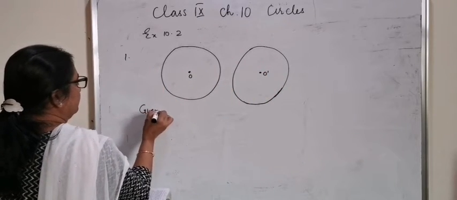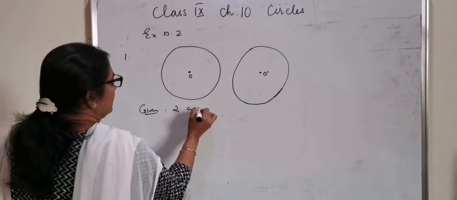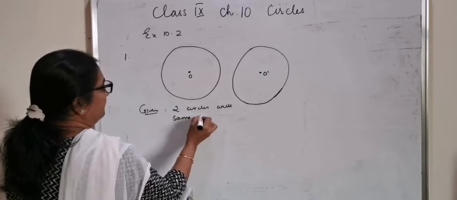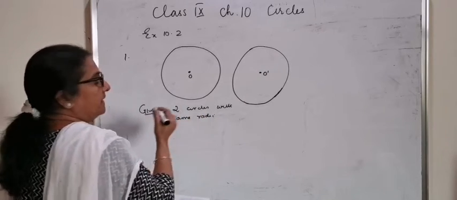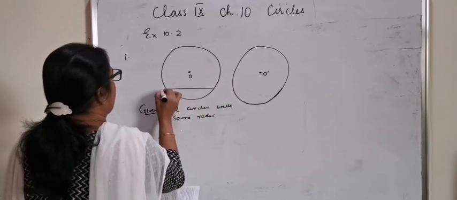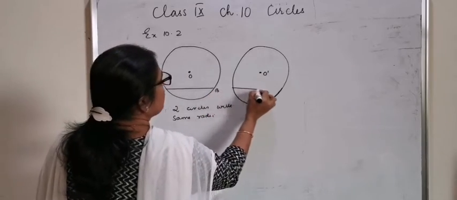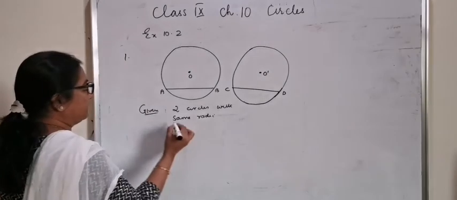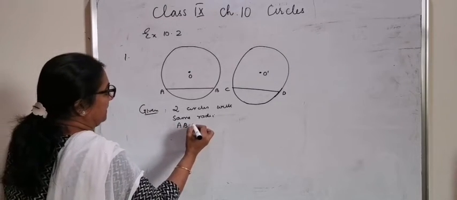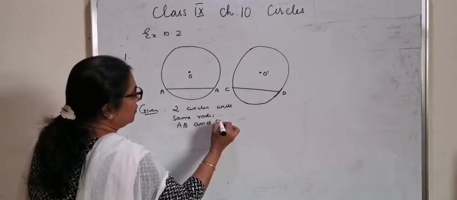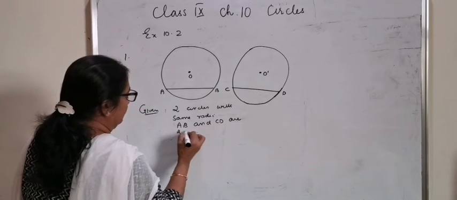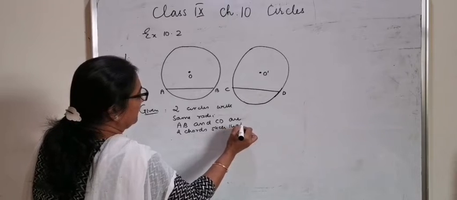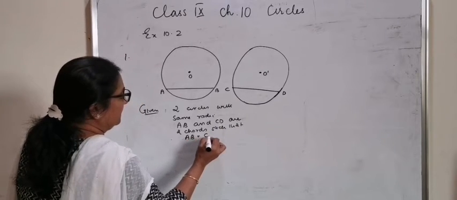Given 2 circles with same radii. In the first circle given chord AB and in the second circle given chord CD, such that AB and CD are equal chords.